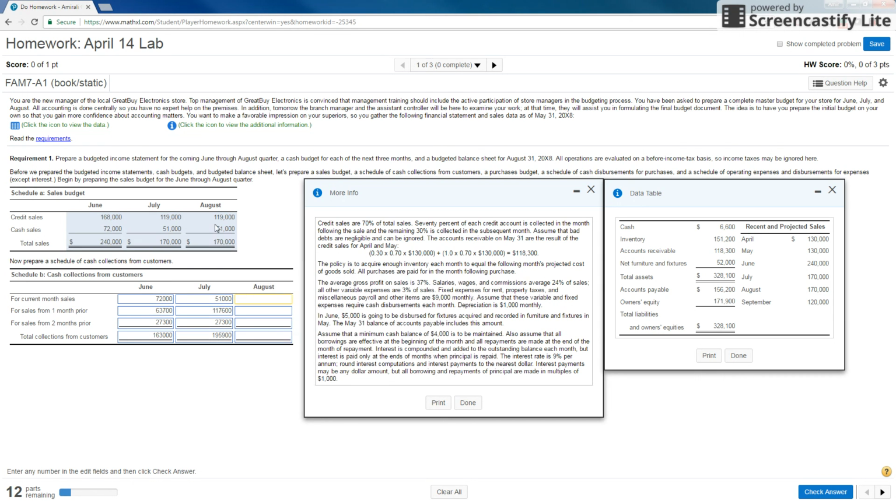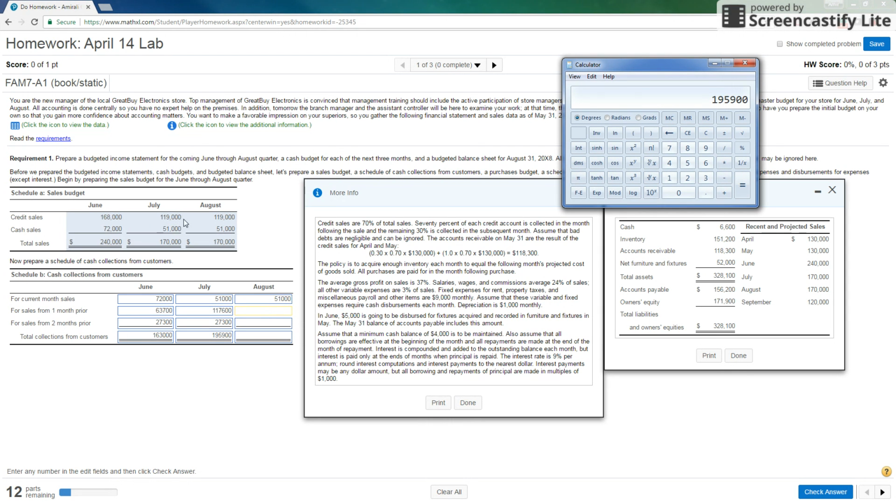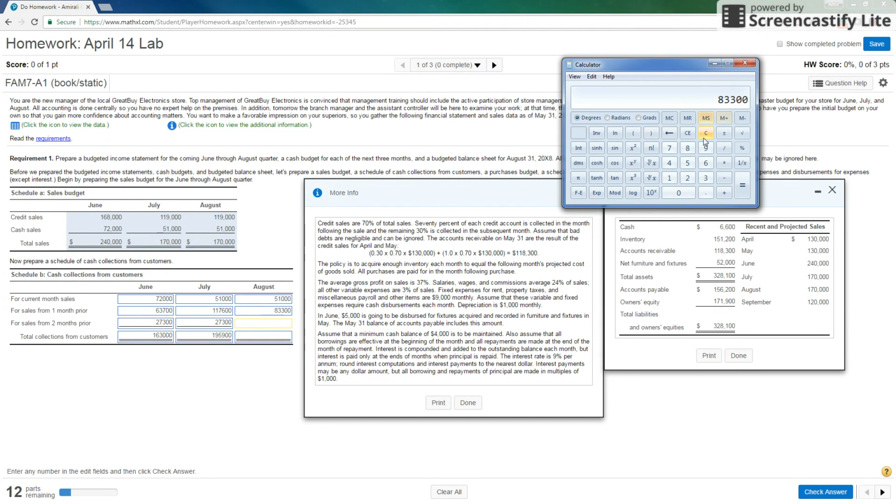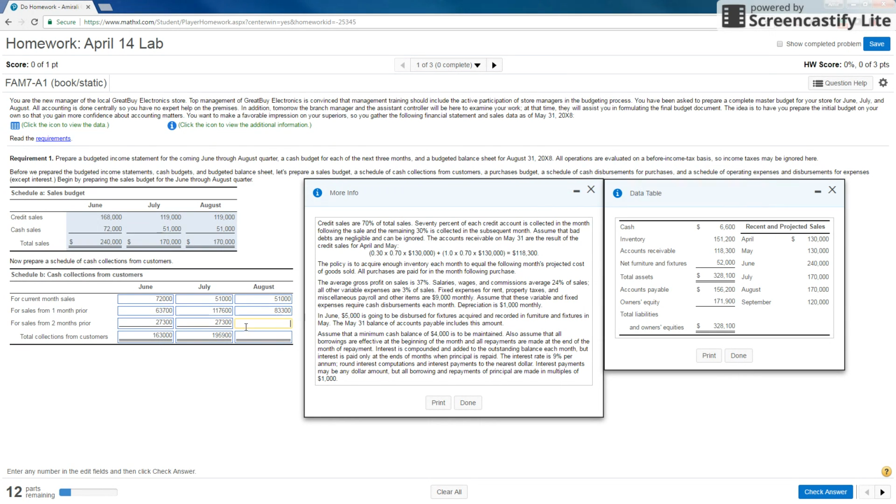For August, again, we have 51,000 cash. Now I'm collecting 70% of 119,000, 70% of it is 83,300. What I collect from 2 months prior, it's just the credit sale from the June, which is 168,000, multiplied by 30%, which is 50,400.